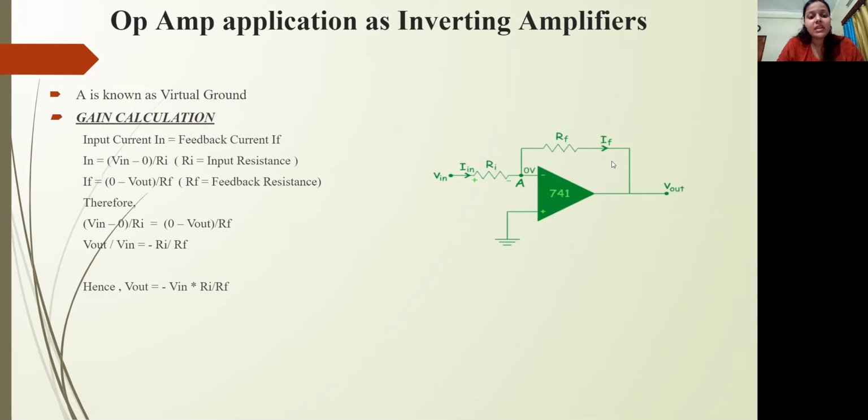So V out equals minus V in into RF by Ri. So what is the gain of the inverting amplifier? It is the feedback resistance divided by the input resistance. You need to remember this equation, V out for an inverting amplifier will be minus gain into input voltage.